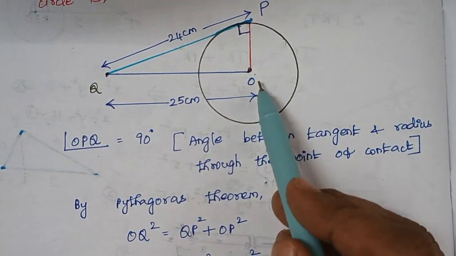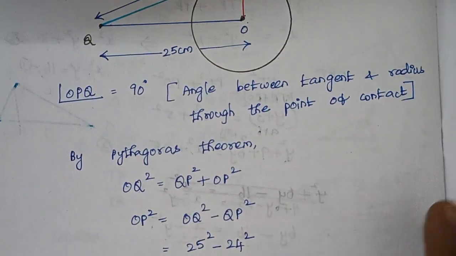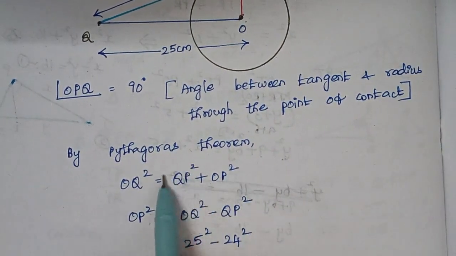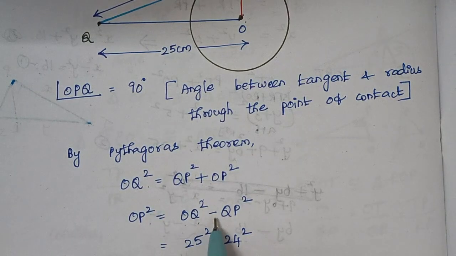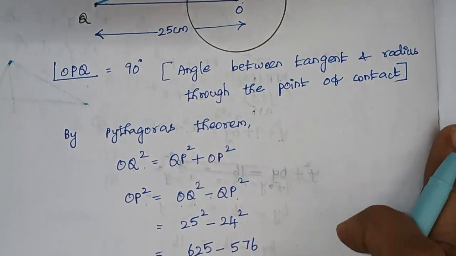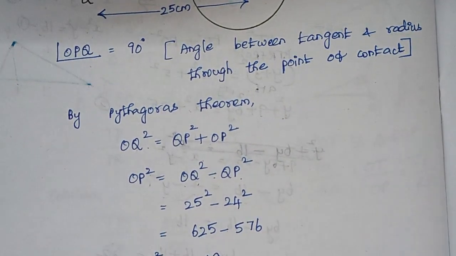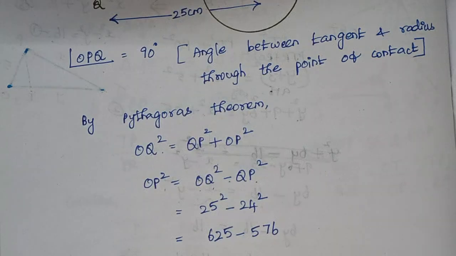Now we need only OP, so just rewrite the expression. OP square is, moving QP square to the left hand side, OQ square minus QP square. The value of OQ is 25 and QP is 24, so just find the squares and substitute the values.